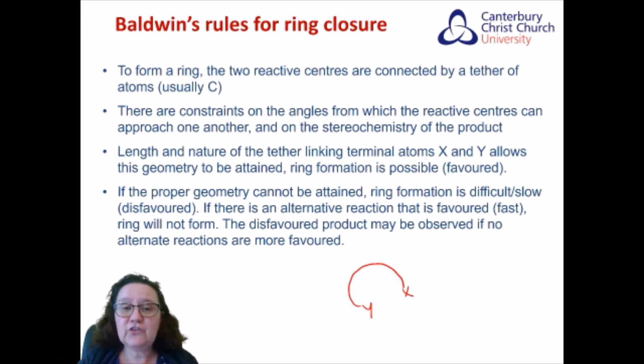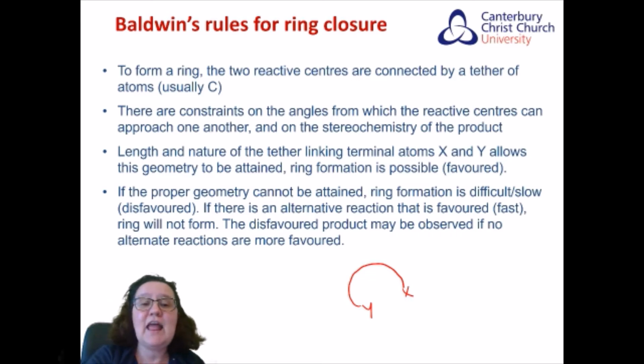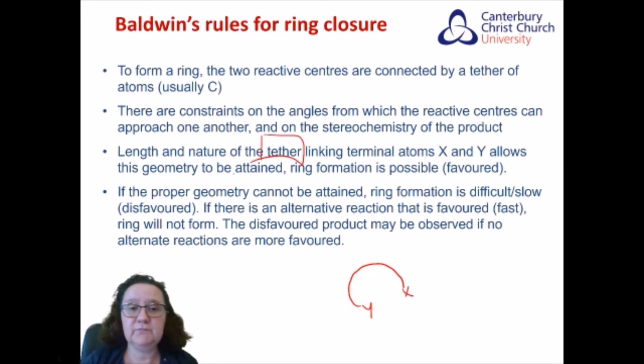There are constraints on the angles at which those two reactive centers can approach one another, and that will determine the stereochemistry of the product. Another thing that will influence how those two reactive centers approach is the length and the nature of the tether, and whether it will allow that particular approach to be attained.